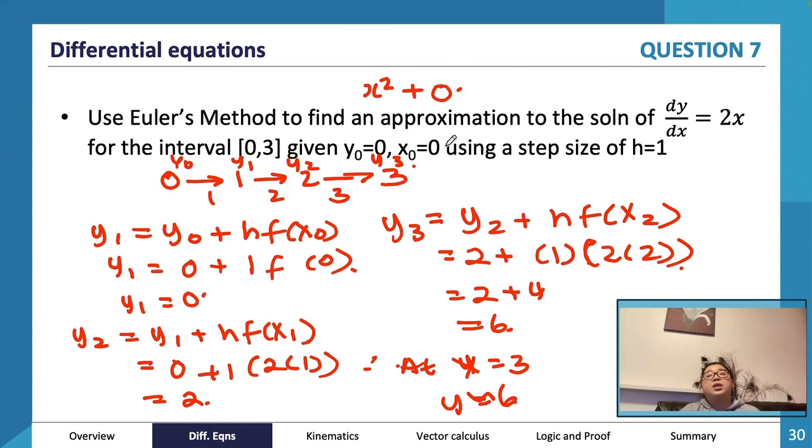And then if we wanted to find out what the actual value was, we would get y equals x squared plus 0. So therefore, if we substitute that in, we'll get that y actually equals 9 in reality. So we can see that that is an underestimation of the value of what y would be.